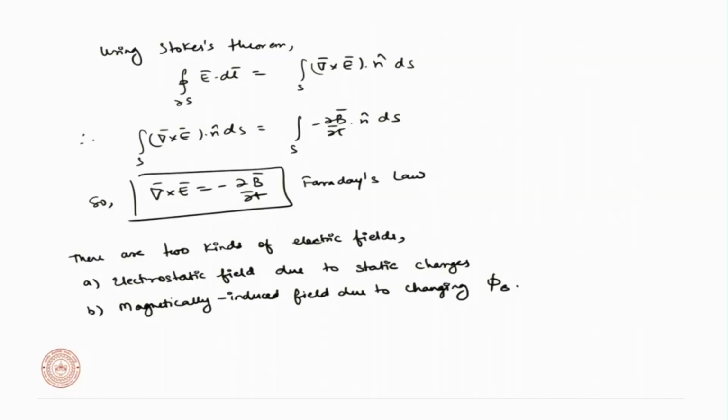So, these two, and the second one is the basis of all electric generators. As you would rotate your coil through a magnetic field, since the coil is moving through the magnetic field, it will induce an EMF, and that EMF can be used to generate current or to generate electricity. Okay. Then we will go on to our next topic, that is your magnetostatics.